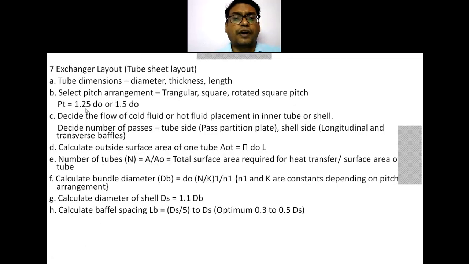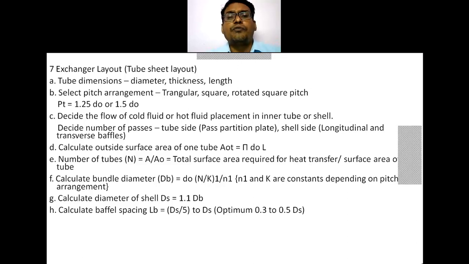Here it is not defined whether it is 1.25 times the DO or 1.5 times the DO. You can do the back calculation for this also, because we know the DO is 19 millimeter, that means 15 plus 4, with 2 millimeter thickness. If you multiply 1.25 or 1.5 into the 19, some value will come around 25 millimeter as the pitch.